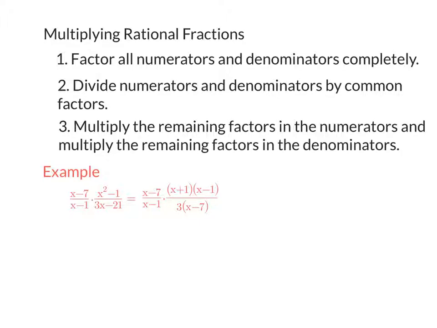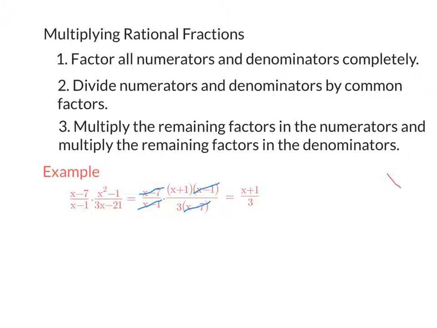Well, I can see there's an x minus 1 here and an x minus 1 there, and an x minus 7 here and an x minus 7 there. Now we need to multiply the remaining factors in the numerators and the remaining factors in the denominators. We were able to cancel out a lot, so there's not a whole lot left. So our final answer is simply (x plus 1) over 3.